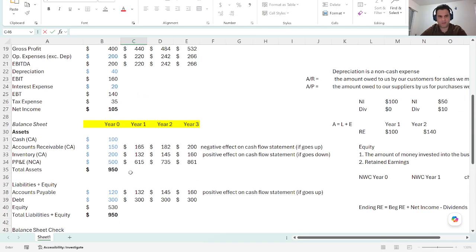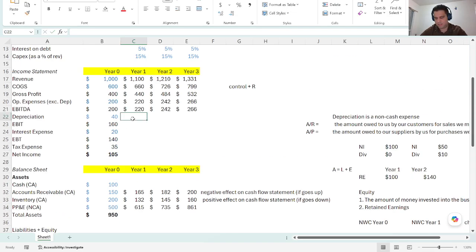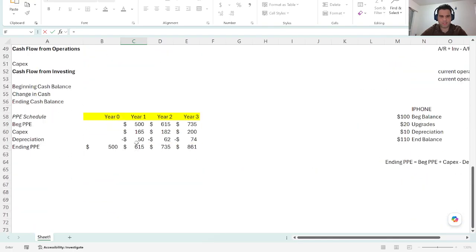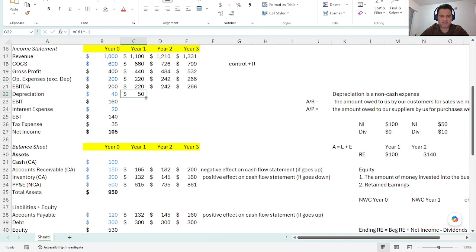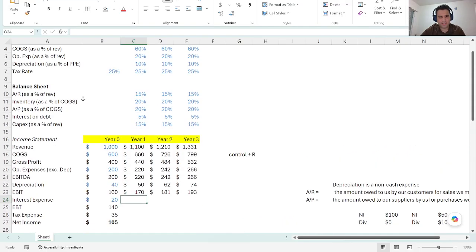Okay, before that, now we can fill out the income statement. Depreciation, I'm just going to make it a positive number again because all the expenses are denoted as positive numbers. So let's keep the consistency there. So EBIT is going to be EBITDA minus depreciation. I can spread that to the right. Interest expense is given, interest on debt is 5%.